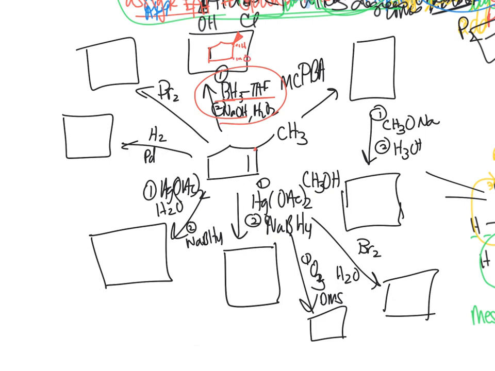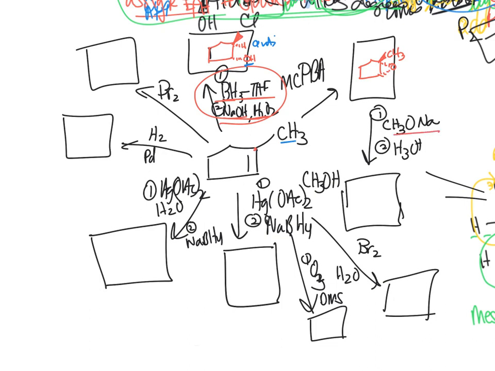And then the boron becomes the OH because hydrogen peroxide changes to OH. So it's very important that you have the methyl group and the OH anti to each other. MCPBA, that's going to give you the epoxide on one side.